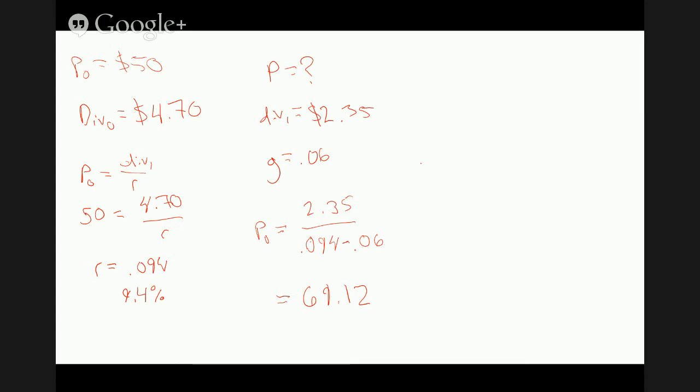Pretty quickly, you can see that 69.12 minus 50 equals a $19.12 increase. So our answer would be an increase of $19.12.